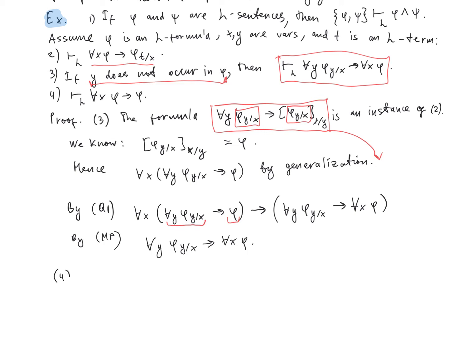And finally 4 is a special case of 2. Since by the rules of simultaneous substitution, we know that phi is equal to phi with x substituted in the place of x. And so this concludes the proof of all the cases in the example.